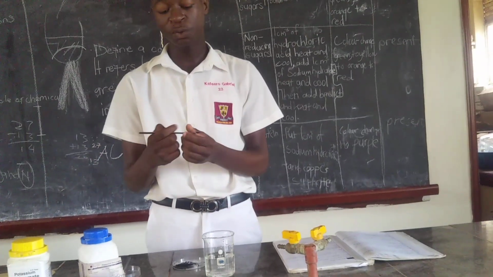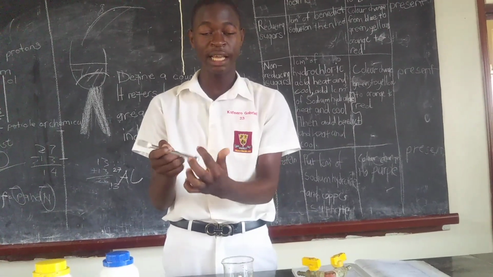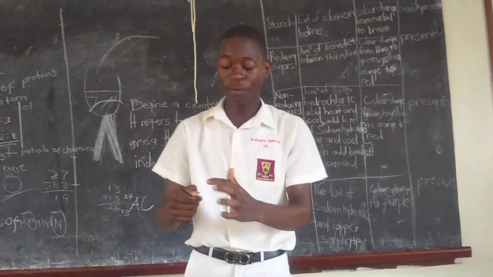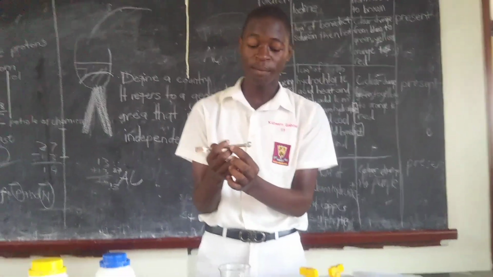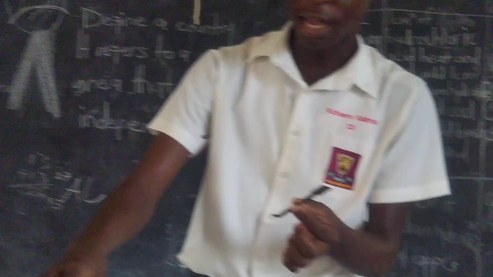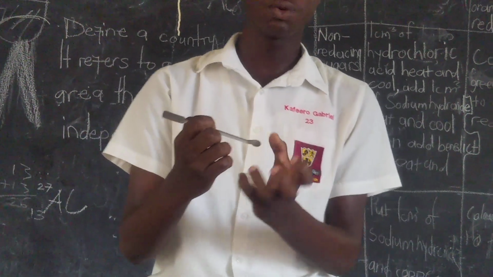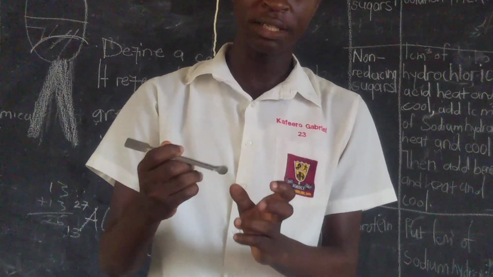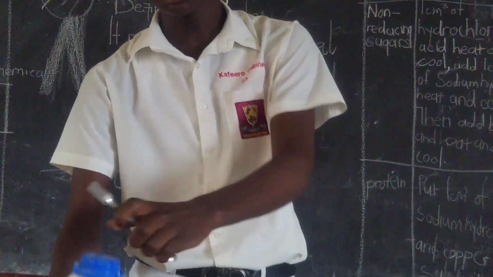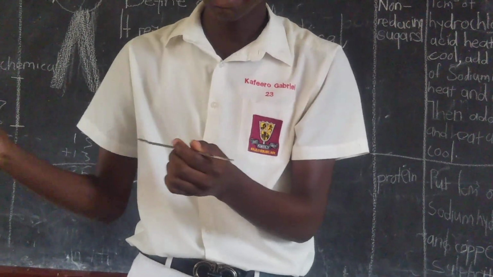This spatula has 2 sides. It has this flat side and this curved side. It's like a spoon side. When we are scooping out this potassium permanganate from its container, we need to use this spoon side because we can't use the flat side to scoop out our substance, yeah?